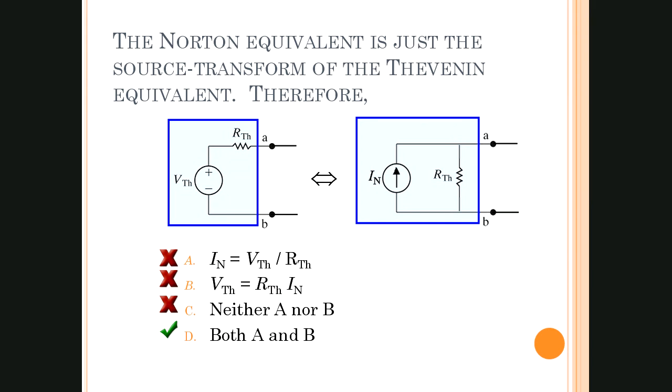The answers are: A, Norton current is equal to V Thevenin over R Thevenin. B, voltage Thevenin is equal to resistance Thevenin times Norton current. C, neither A nor B. D, both A and B. And we know that both A and B are correct, which is answer D.